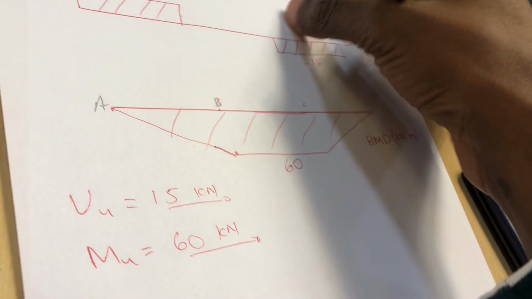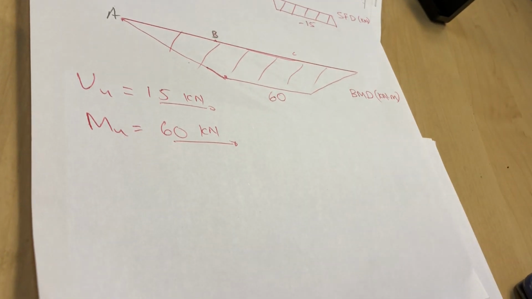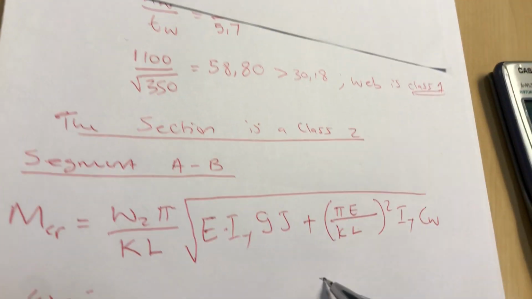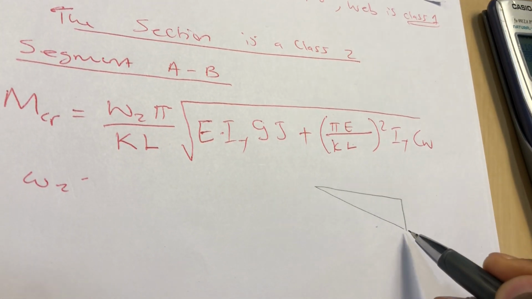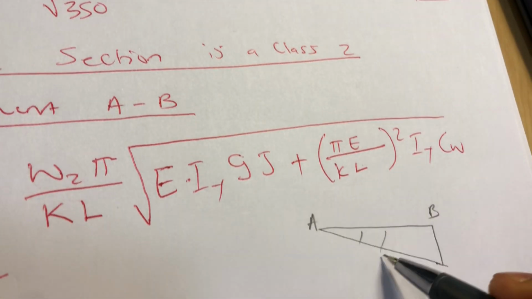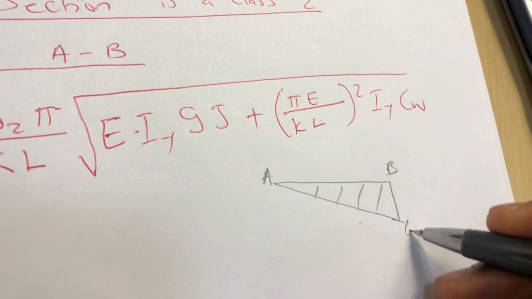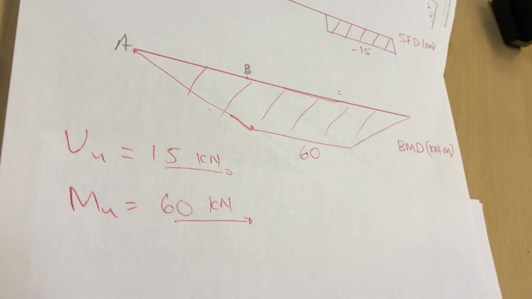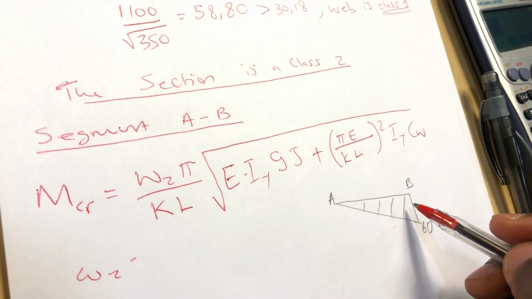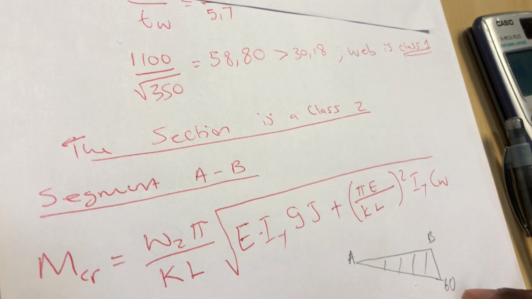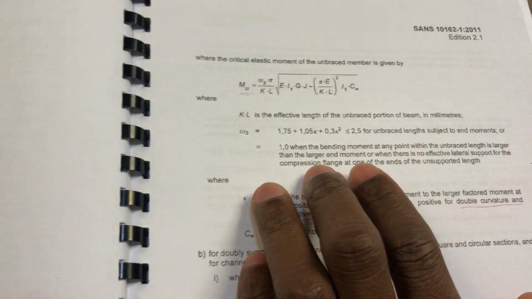Between A and B, you can see that the moment diagram gives you a triangle. This is A, this is B, and here you have 60. The moment diagram gives you this kind of shape. So now we are going to use this information to find our answer.